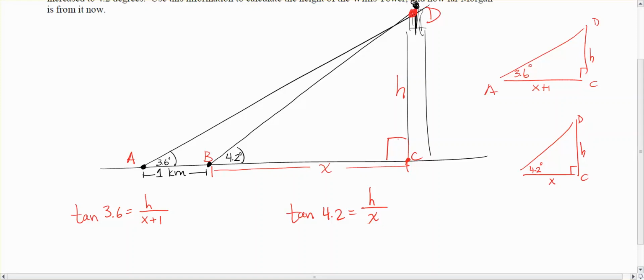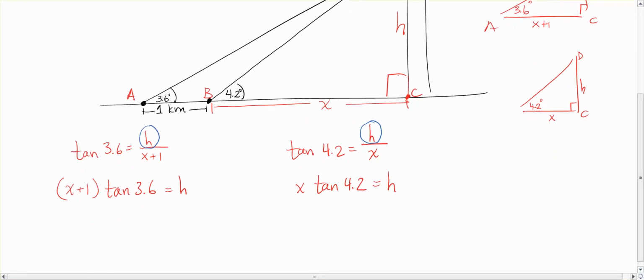And if you notice, it's not too hard to get the H terms by themselves. So then we would get X plus 1 times tan 3.6 equals H. And on this one, we would get X times tan 4.2 equals H. And since it's the same height in both cases, I can set the two H's equal to each other.